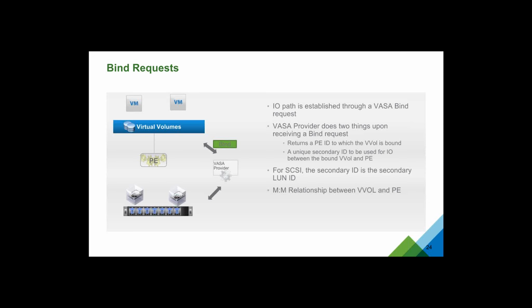It will maintain that binding until the storage array returns a new binding for you to use. It will make sure the new binding works. So in that case, vSphere will have two bindings to the same vVol through two PEs before it unbinds the vVol through the first PE. I know it's a little bit hard to imagine, but this is the way that vSphere makes sure that it has connections to its vVols.